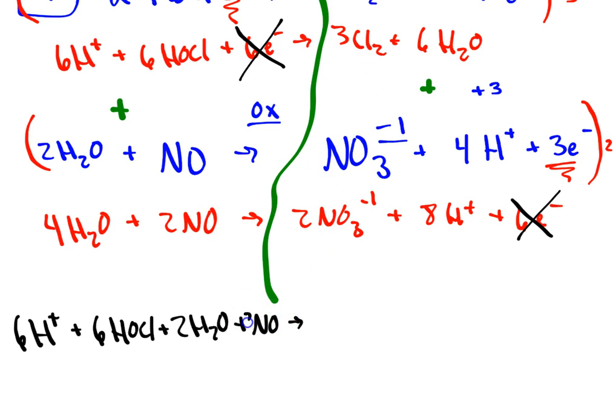Oops, sorry, a 2. Oh, I just wrote this one, didn't I? 4H2O. All right, it's kind of ugly. I better fix that. Oh, okay, never mind. There we go.